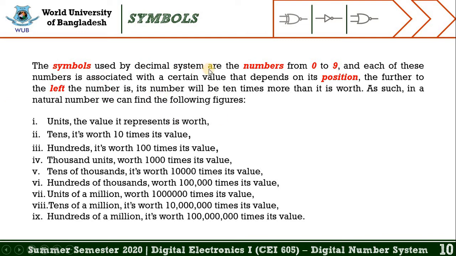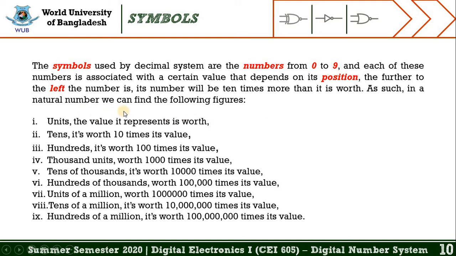From this slide we may learn the symbols of decimal system. So let's begin. The symbols used by decimal system are the numbers from 0 to 9, and each of these numbers is associated with a certain value that depends on its position. The further to the left the number is, the more it is worth, 10 times more each step.